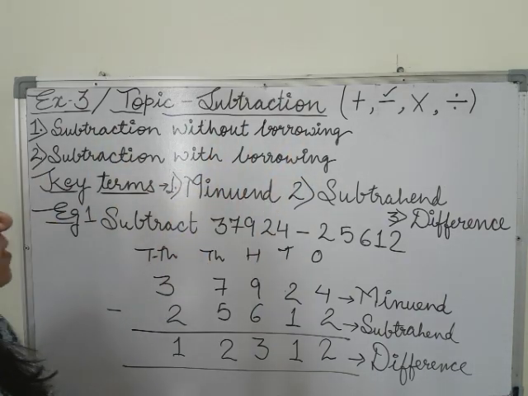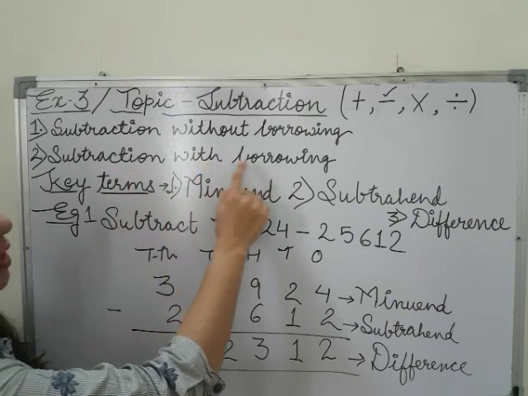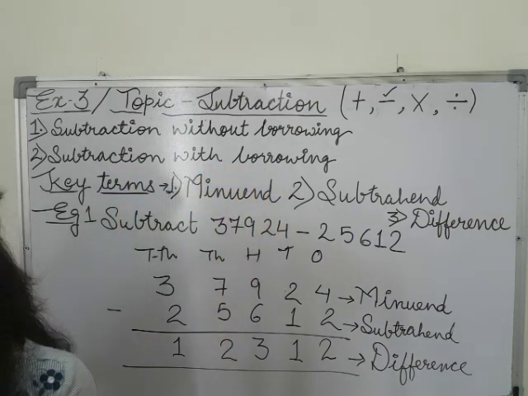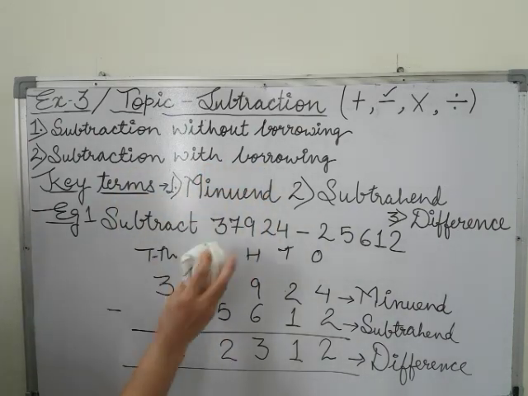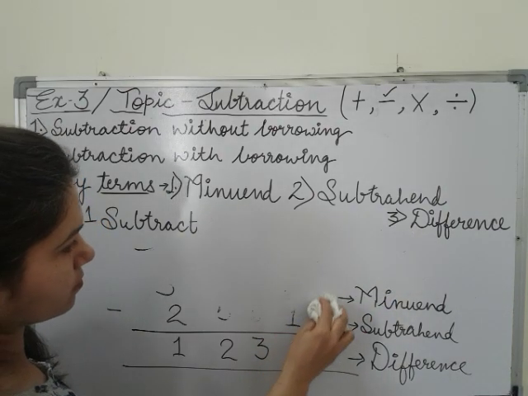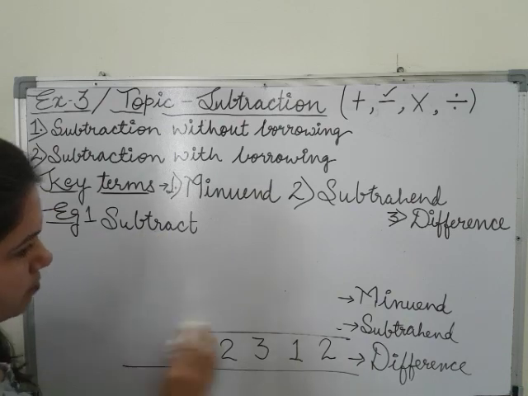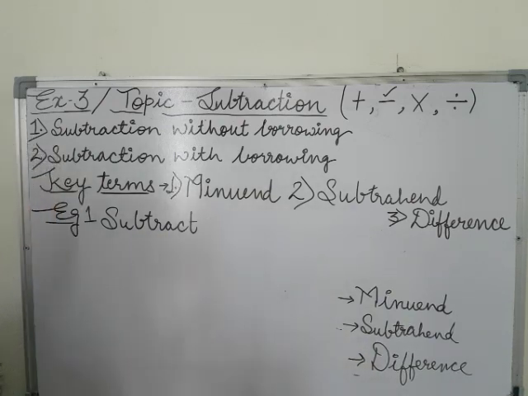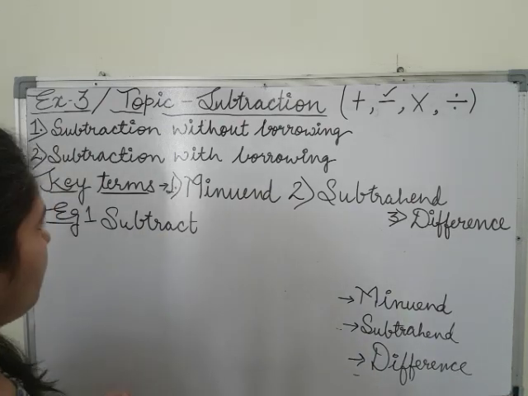Now we will proceed to the second category, which is subtraction with borrowing. So children, here we will consider one more example.